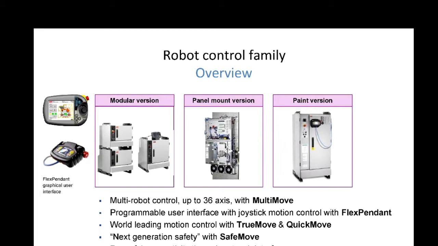This type of controller can control a minimum of 6 axes, as in 6-axis robots, and we can extend to more axes, up to 36 axes with a single controller cabinet. Yes, we can go through it in detail in the session.